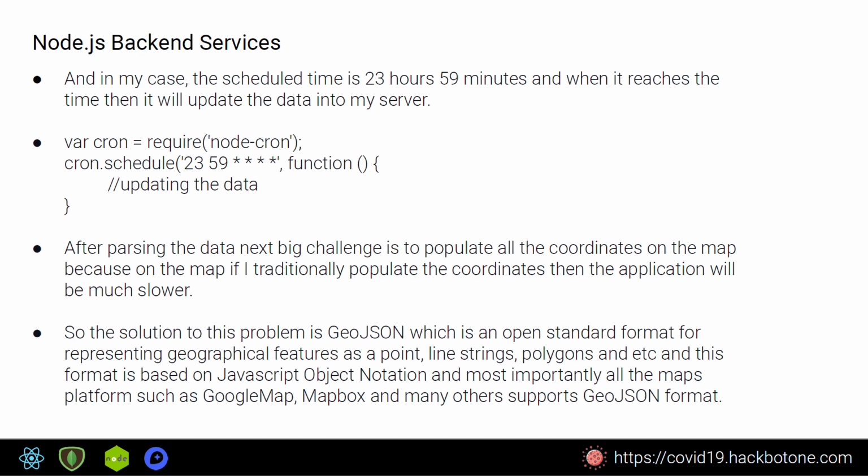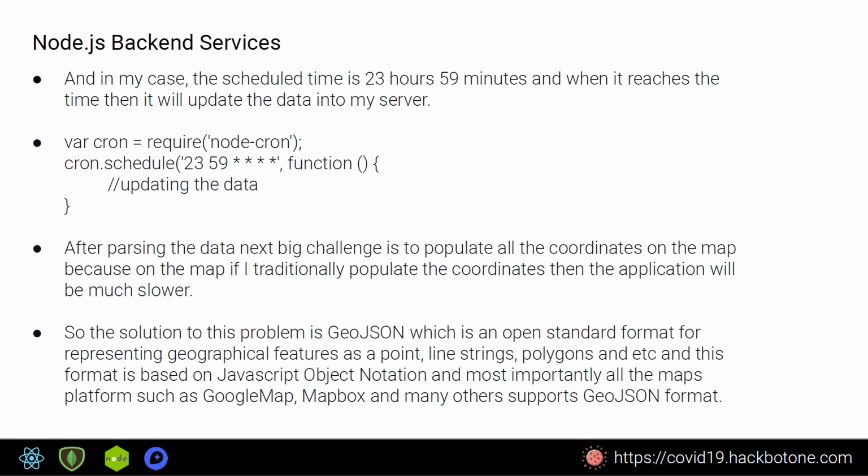And after parsing the data, the next big challenge is to populate all the coordinates on the map, because if I traditionally populate the coordinates, then the application will not be responsive. So I have populated the coordinates by converting the actual data to GeoJSON data. GeoJSON is an open standard for representing graphical features as points, line strings, polygons, and many more.